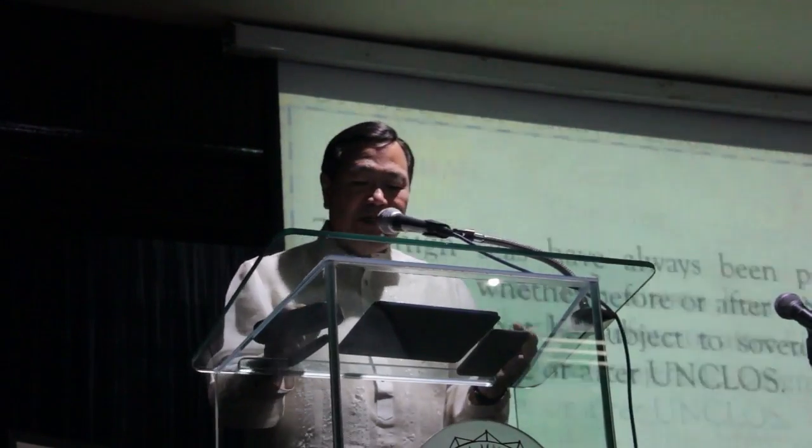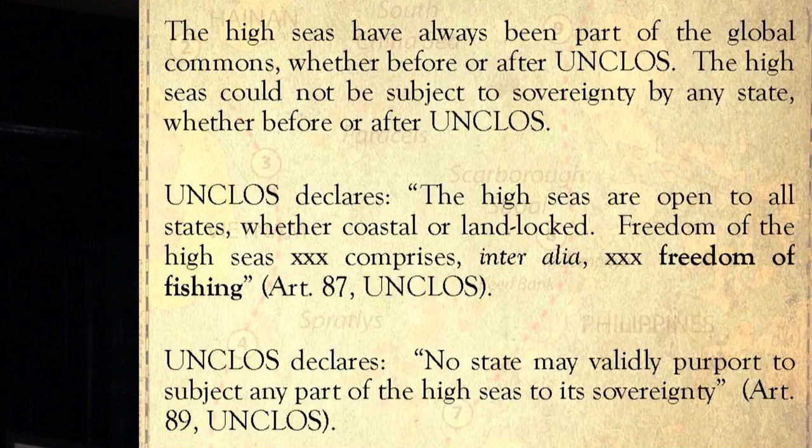The high seas have always been part of the global commons. Whether before or after UNCLOS, the high seas could not be subject to sovereignty by any state. UNCLOS declares the high seas are open to all states, whether coastal or landlocked. Freedom of the high seas includes freedom of fishing. No state may validly purport to subject any part of the high seas to sovereignty.